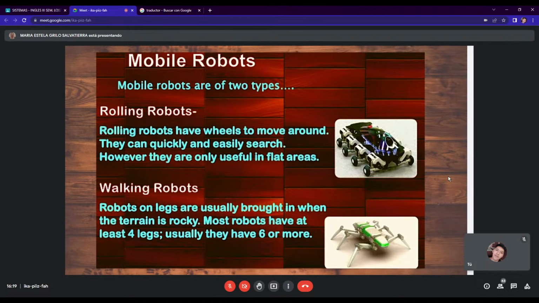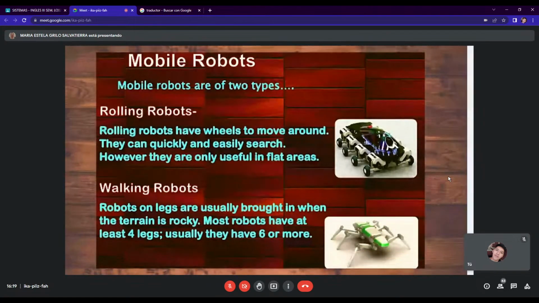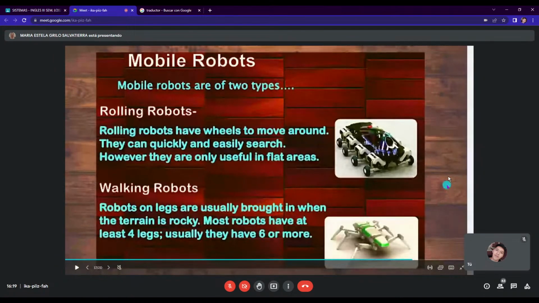They use at least 4, 6, even 8 or 10 legs, depending on which is the object. Van a depender de cómo sea el objetivo para tener más legs.